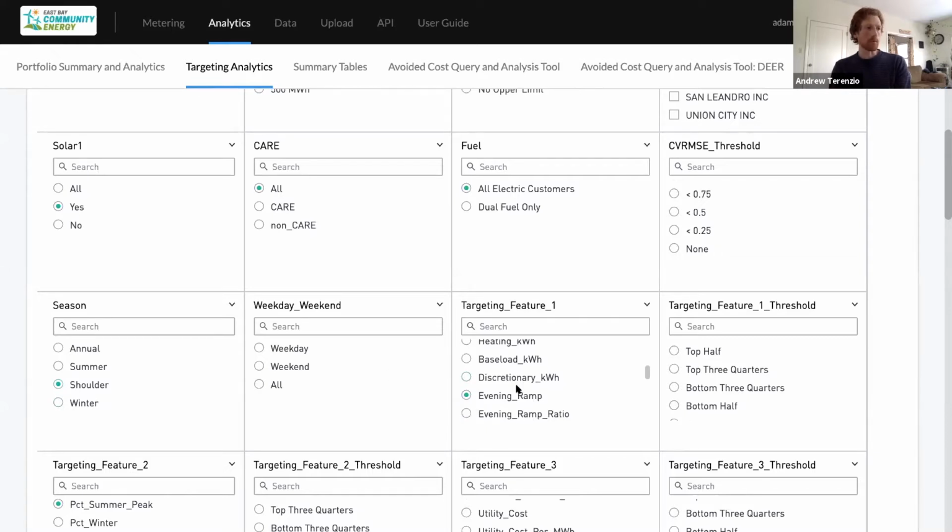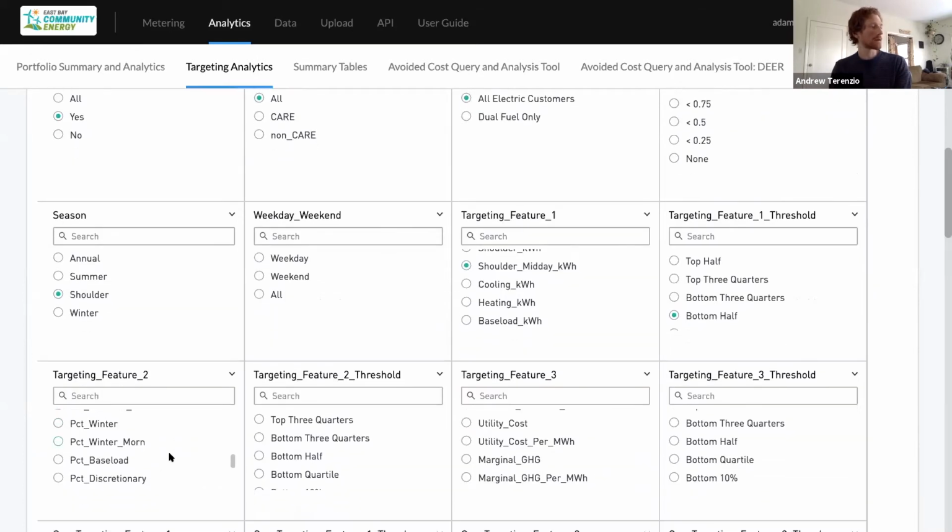And then what I'm going to focus on here is a couple of characteristics. One is, in the middle of the day, how much kWh are these solar customers using? A lot of these customers are going to have negative usage in the middle of the day. So let's find customers that are in the bottom half of shoulder midday kWh, because those are the customers that we probably want to go after.